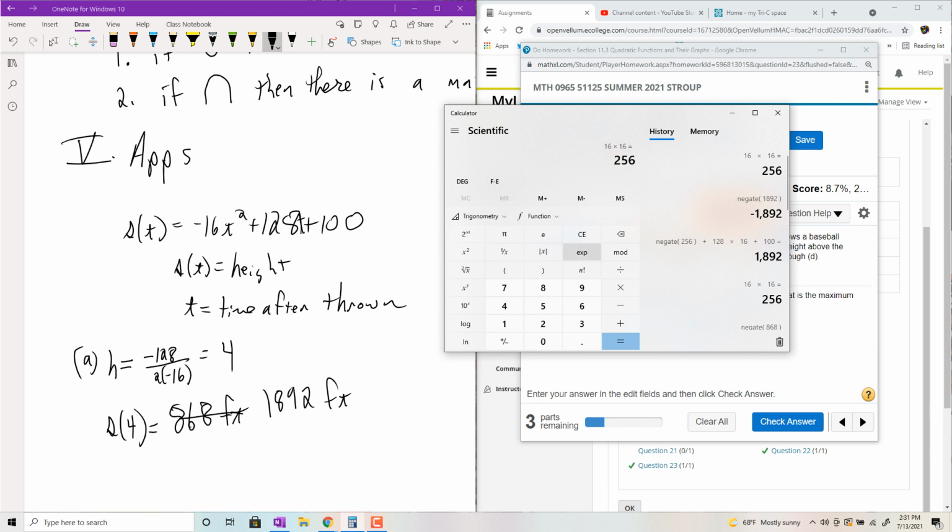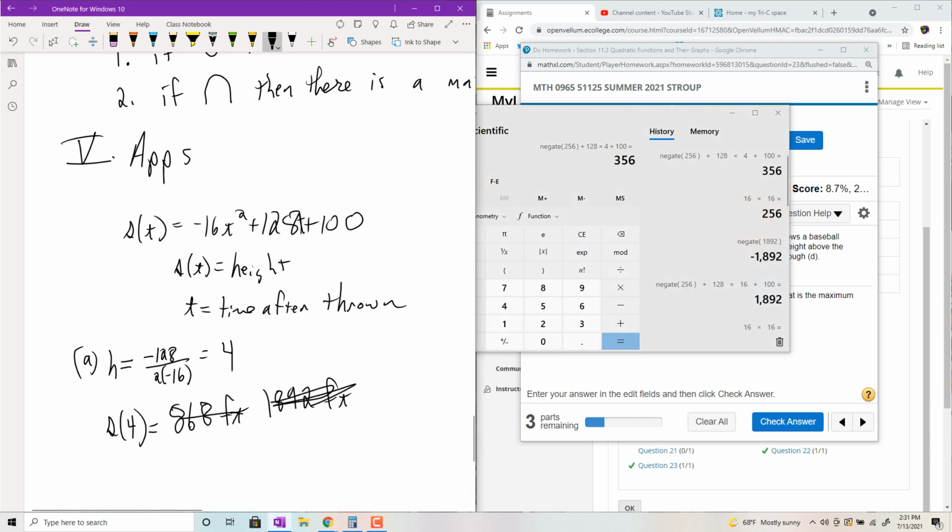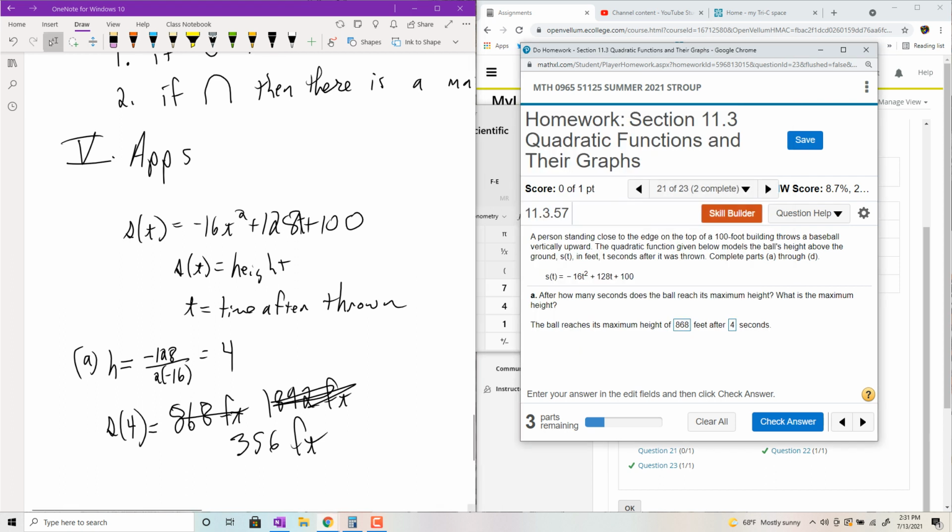It's negative. Okay. And then plus 128 times 4, not 16. And then plus 100. All right, that seems better. 356. Okay, let's try that. If not, I'm going to have to get my own calculator out because I hate that calculator online.